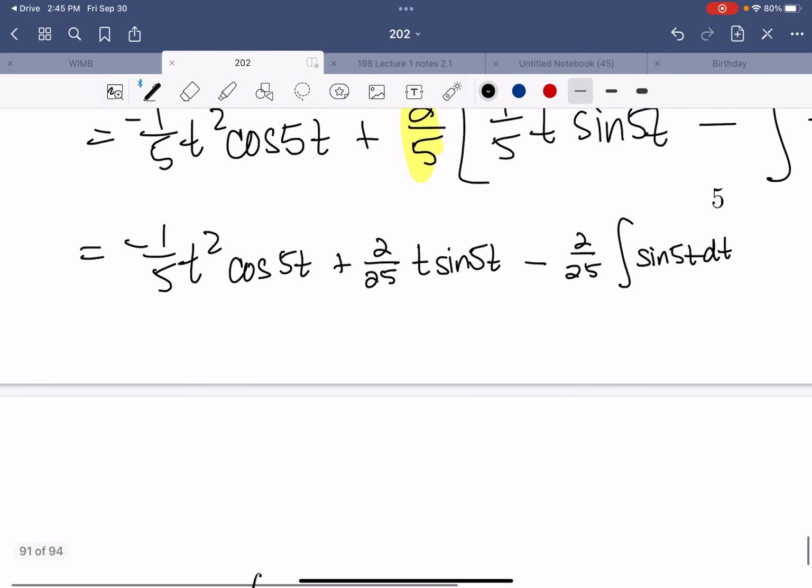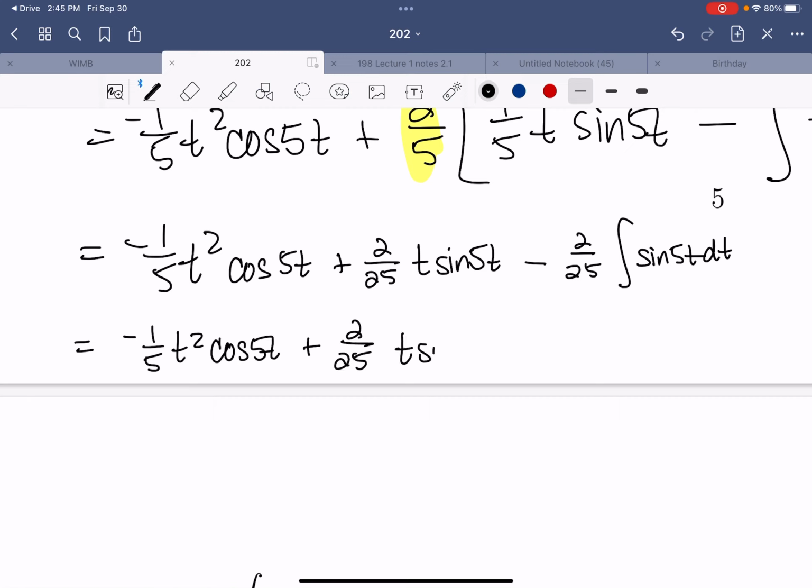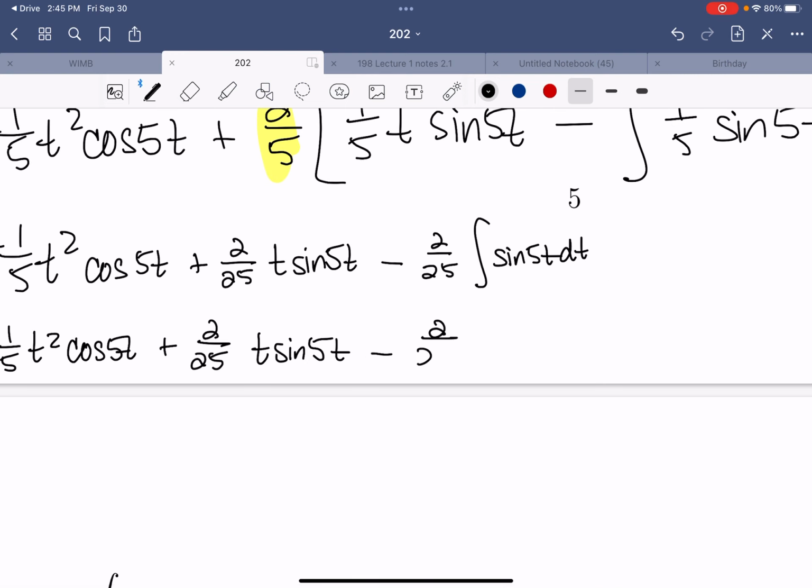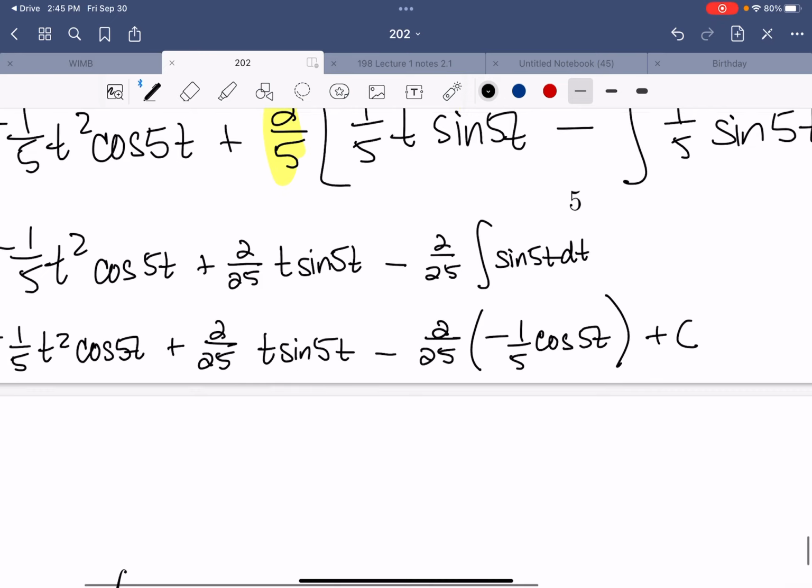And that's another baby u sub, negative 1/5 t squared cosine 5t plus 2/25 t sine 5t minus 2/25 times. Now, antiderivative of sine would be negative cosine 5t, but the 5 in front of the t has to come out as a 1/5 and add my plus c to that.